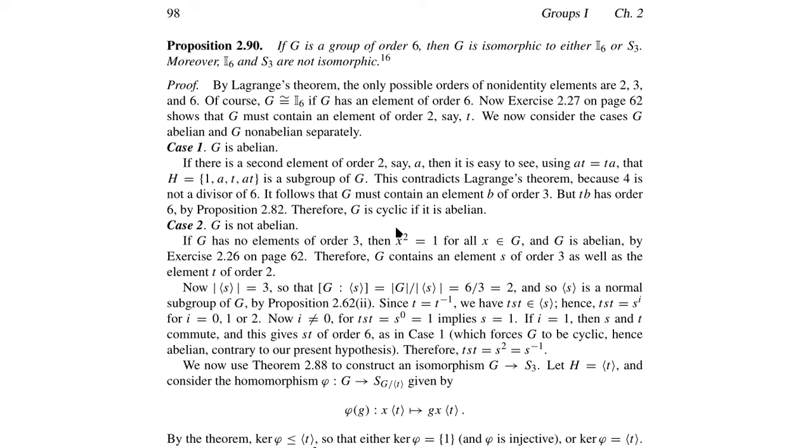But this contradicts Lagrange's Theorem, right? The thing is, this subgroup has order 4, whereas the order of G is 6.